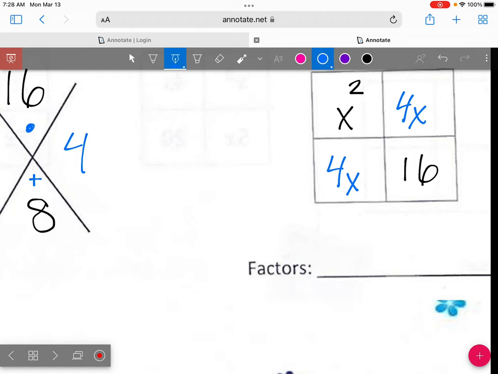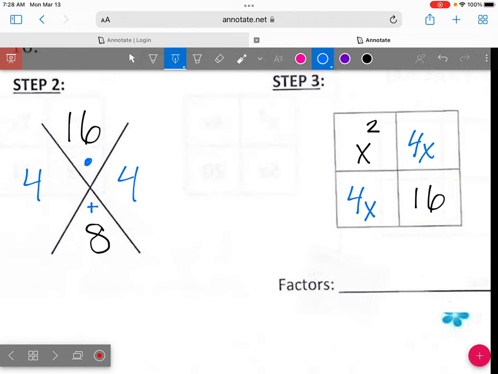Pulling our factors. What comes out of this first column? X. What comes out of the second column? And a 4. First row, x. Bottom row, 4.